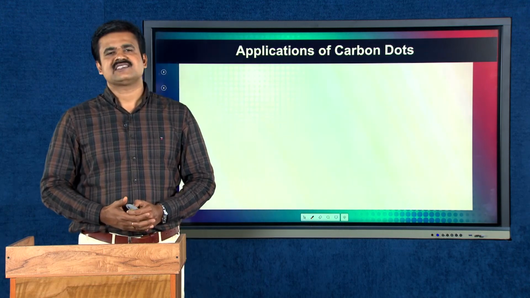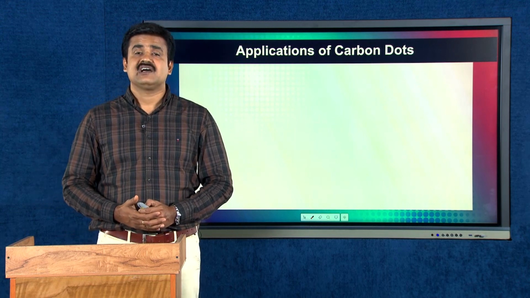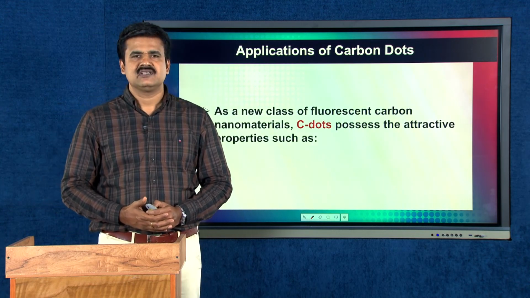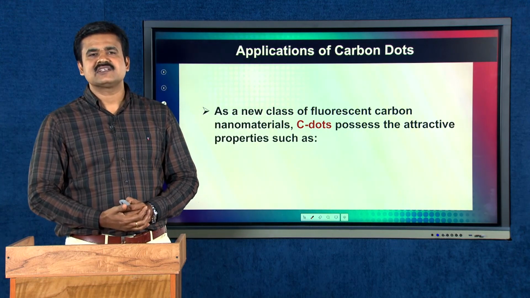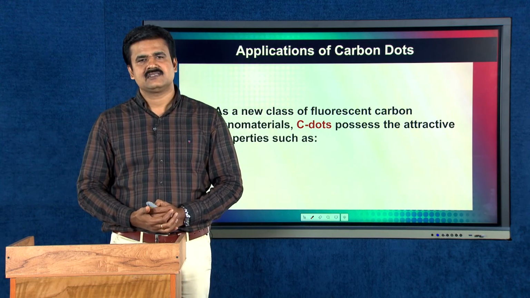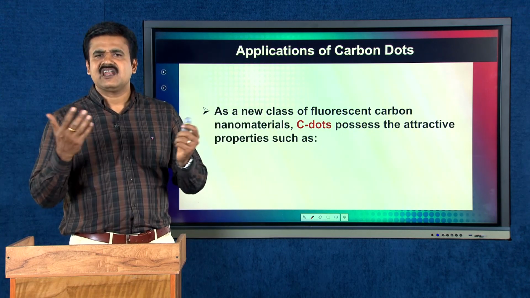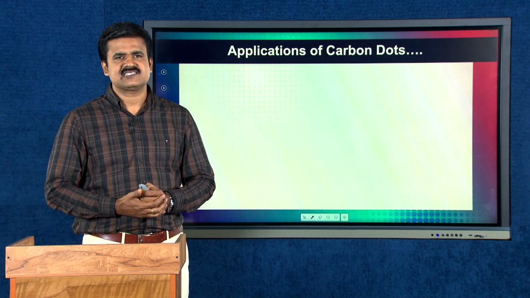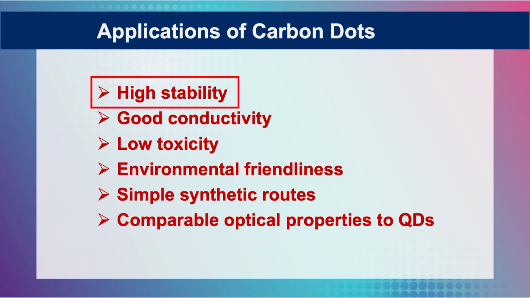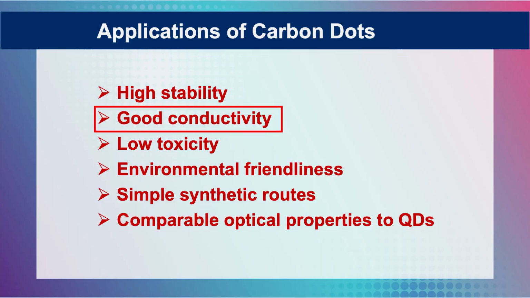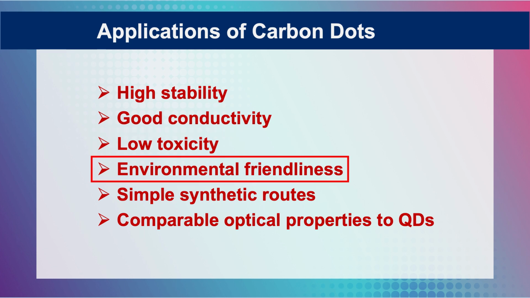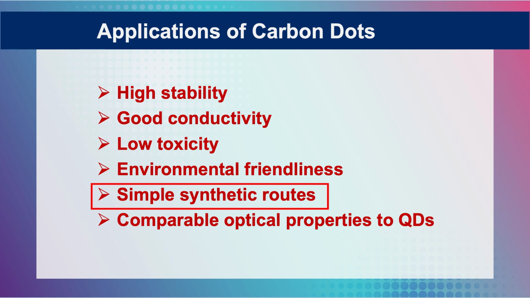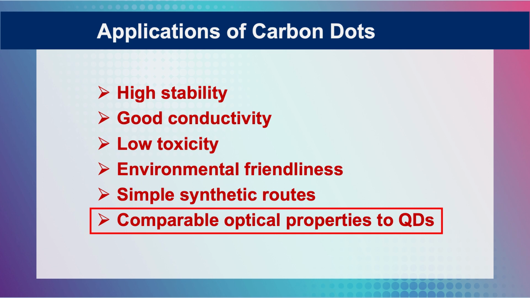We are now focusing on applications of carbon dots. Carbon dots are a new class of fluorescent carbon-based nanomaterials. C dots possess several attractive properties such as high stability, good conductivity, low toxicity, environmental friendliness or eco-friendly nature, simple synthetic routes to prepare them, and optical properties comparable to those of quantum dots.